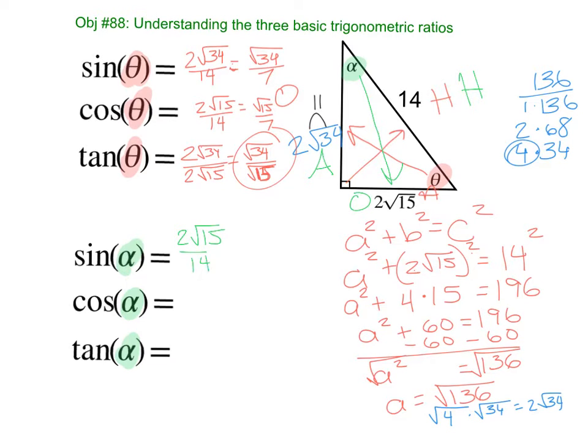And the nice thing about these, we literally have the answer. We did this already. Root 15 over 7. This one's going to be 2 root 34 over 14, which is root 34 over 7. And then tan, 2 root 15 over 2 root 34. So root 15 over root 34.